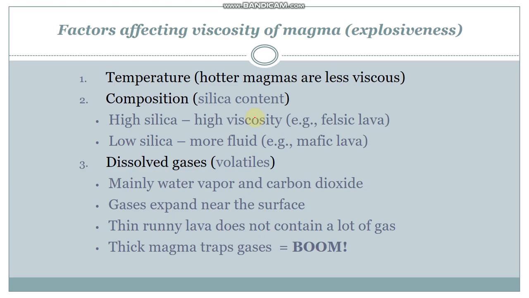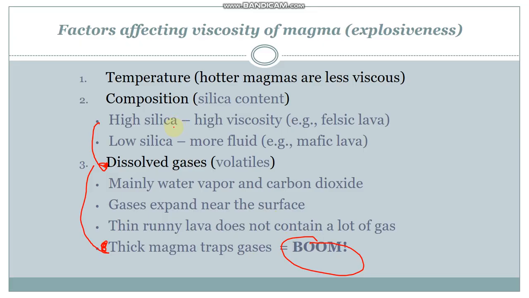And if it's really gooey, it tends to trap in more gases, and if it traps in more gases, boom, potentially the volcano can go off. So if a volcano has high silica content in its magma chamber, it has the ability to hold more gases, which can build up, and then eventually thick magma traps gases, and boom goes the mountain.